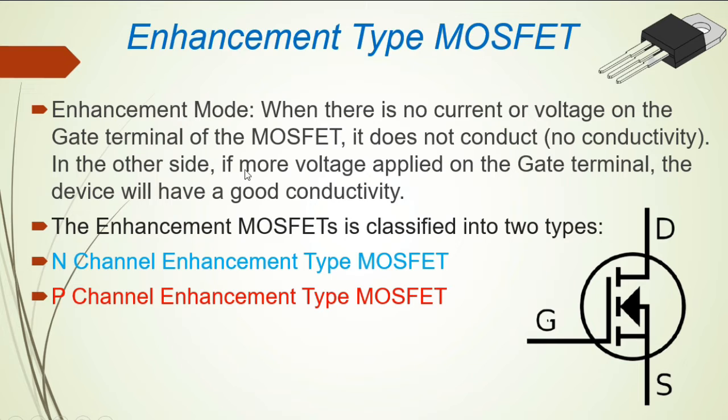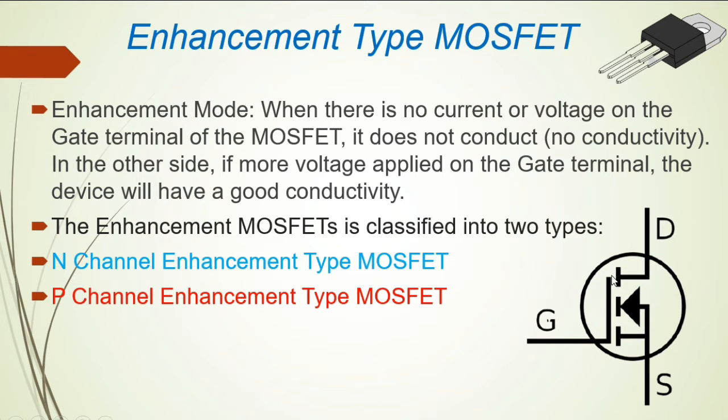If more voltage is applied on the gate terminal, and now the opposite, if there is a voltage here, what will happen? The device will have a good conductivity. So the gate terminal is the control terminal of the MOSFET.